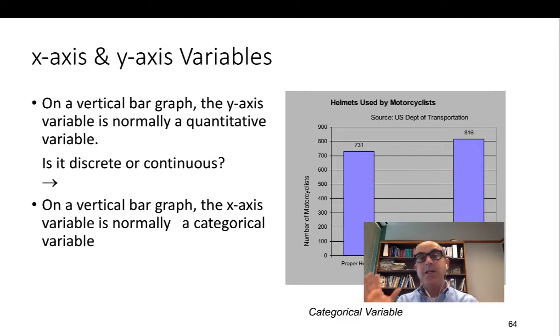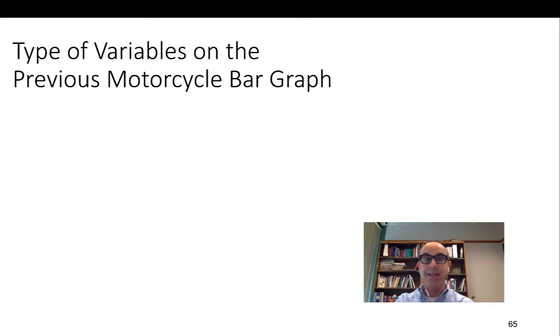When we are talking about a bar graph, it's recommended to use the categorical element on the x-axis in order to make it more coherent, more concise, and something people will understand.